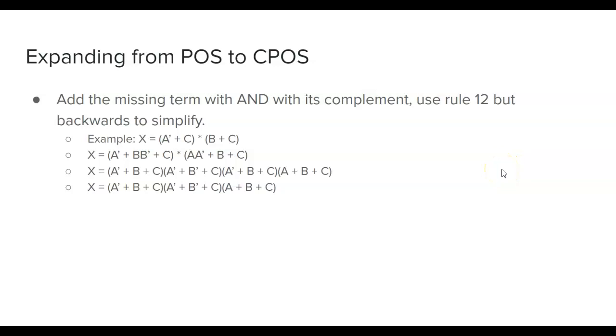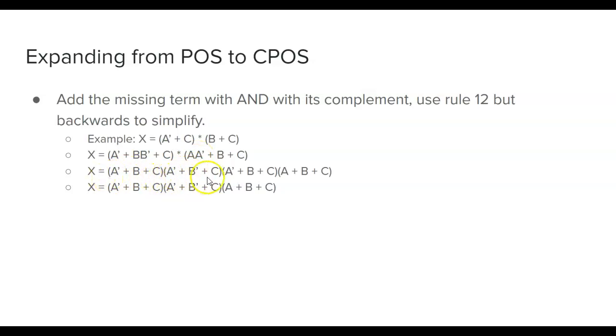Now from POS to canonical POS, we're kind of working a little bit differently. We're adding the missing term with AND in its complement, so it's a little bit more different, but still kind of the same concept. So if we were to work with X equals not A or C and B or C, we would really add in that B and not B right there, as well as the A and not A, because those are missing variables.